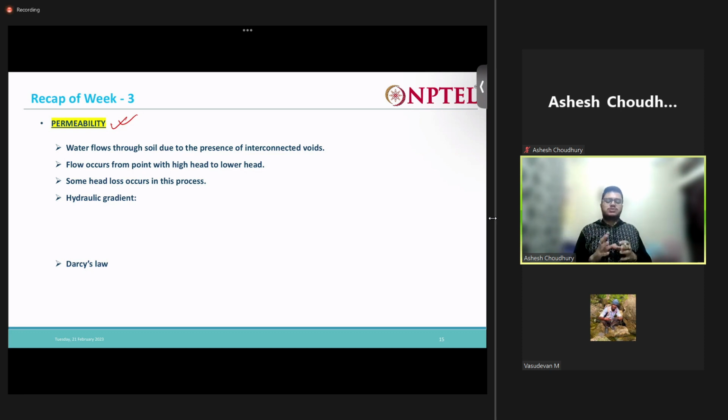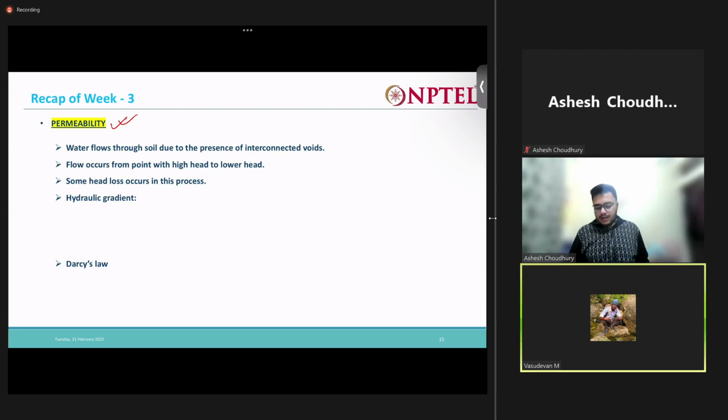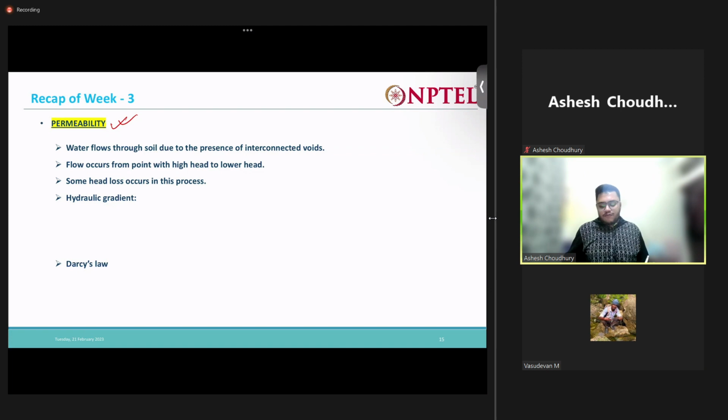All the voids in the soil form an interconnected network, which you can imagine as an interconnected network of pipelines. That interconnected network of voids allows the flow of water through a soil mass. So water flows through soil due to the presence of interconnected voids.